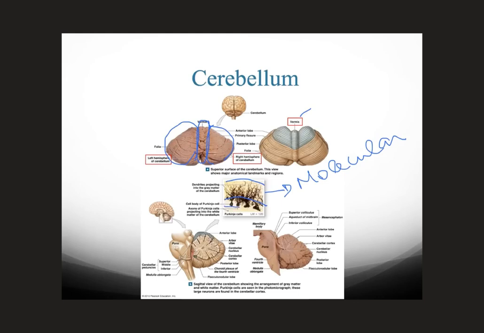Then we have this layer right over here that contains these cell bodies, and these are the Purkinje cells. So this layer is called the Purkinje cell layer.